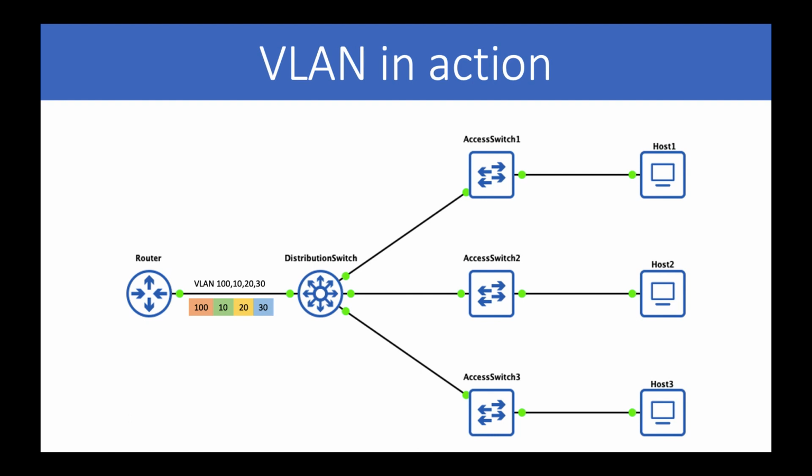On the distribution switch, we can subdivide these VLANs coming from the router into the appropriate paths and direct them to our access switches as per our requirement. Similarly, on the access switch end, we can do a similar division and send the VLAN packets as required to host 1, host 2 and host 3. That is VLAN 10, VLAN 20 and VLAN 30.